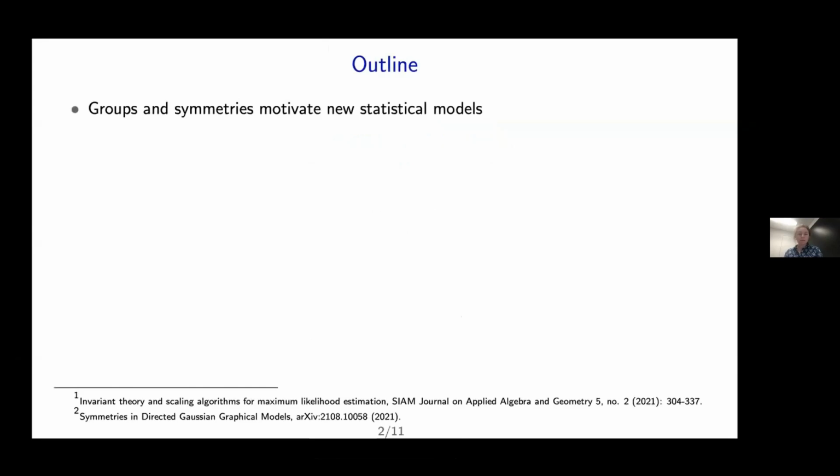Groups and symmetries are widely used in various statistical contexts, for example in the idea of exchangeability, or in the notion of independent and identically distributed, this idea of swapping or permuting different observations or random variables.